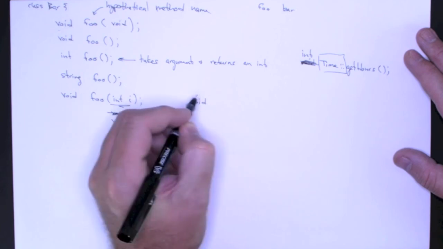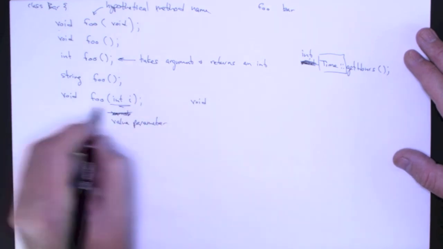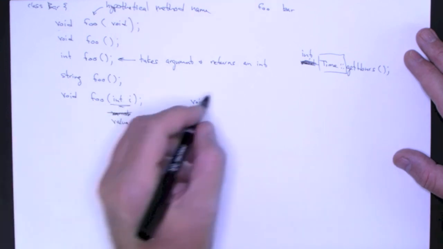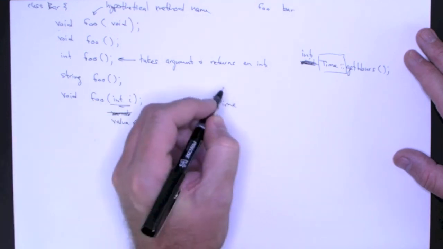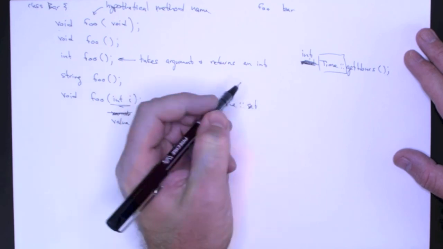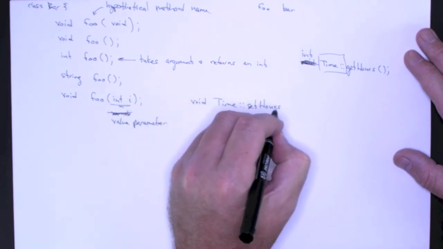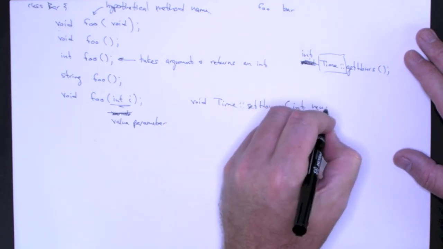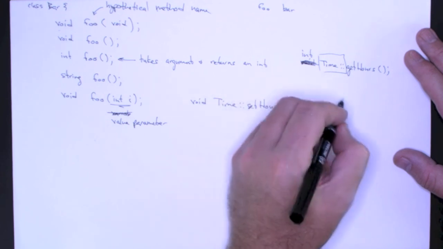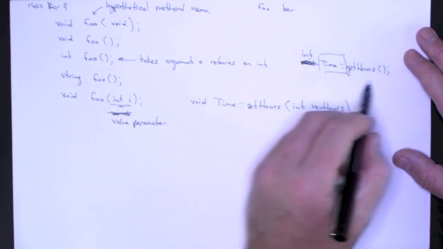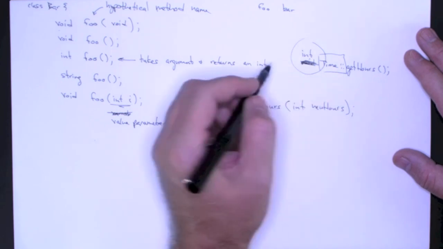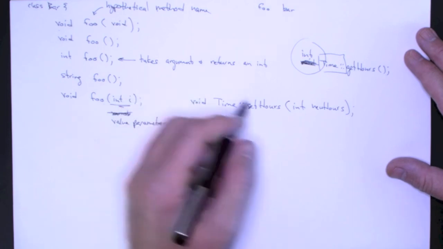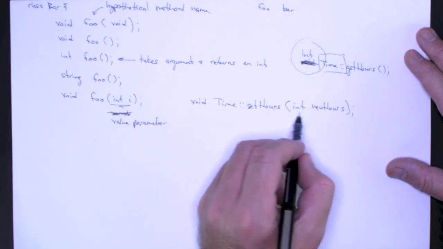So set methods generally have the form void, and then they take a single argument and it corresponds to the property. So if we look at our time class, we defined set hours, and then we passed in an integer, and we didn't call it i, but we called it new hours. Right? So here we're going to get hours back as a return type. The method is returning information to us. Here we're passing information into the method.